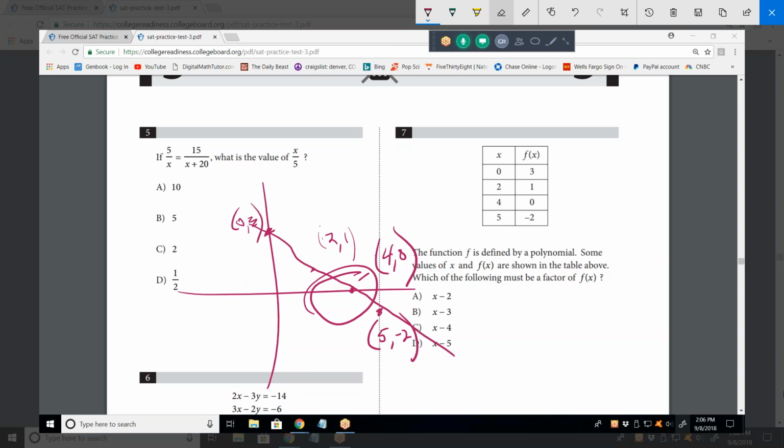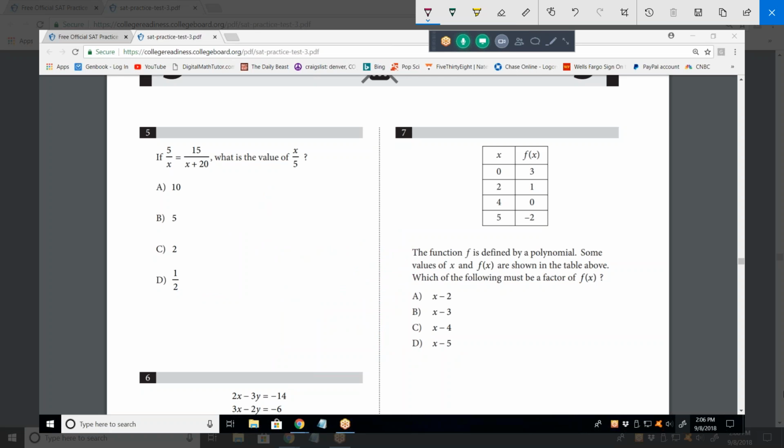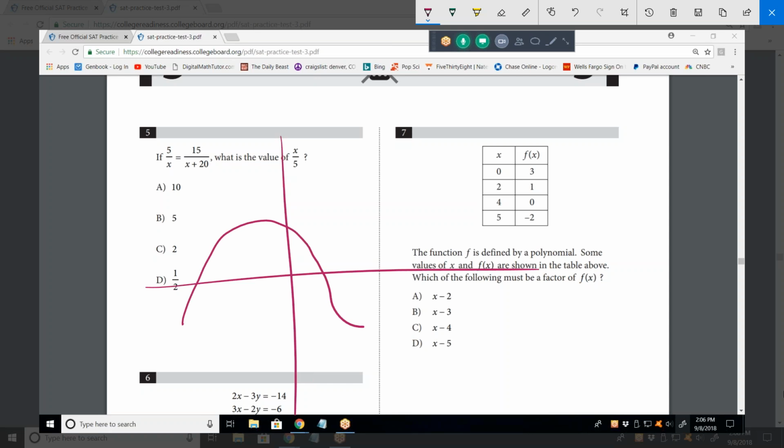Let me put it another way. If I gave you a more complicated polynomial, and that point is -3, this point is 1, and this point is 4, what are my 3 zeros?